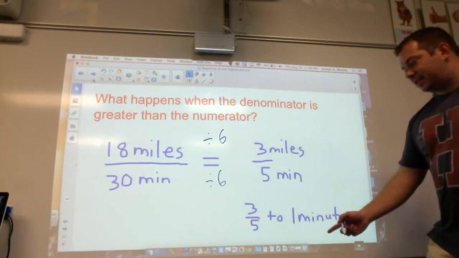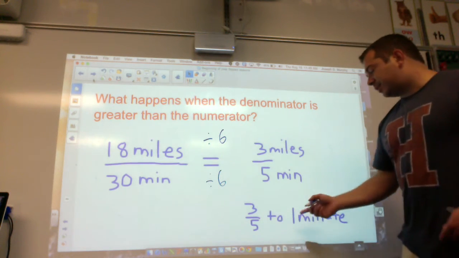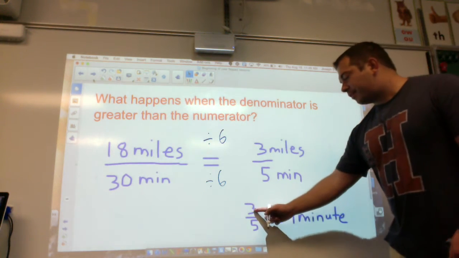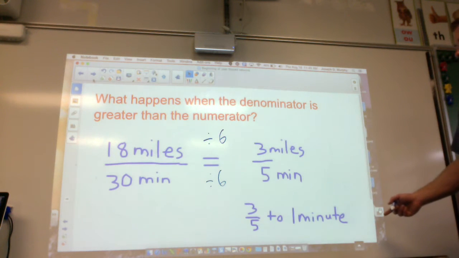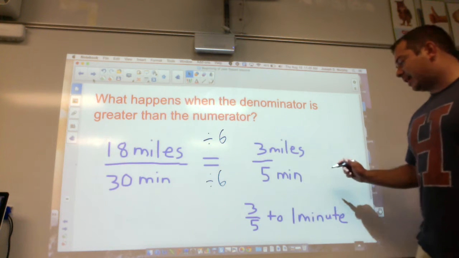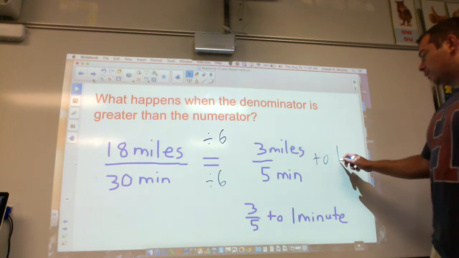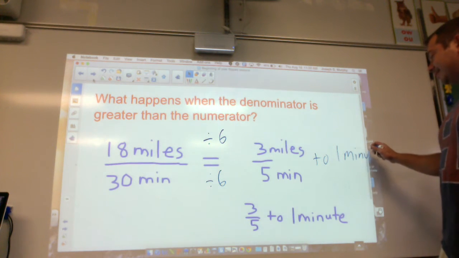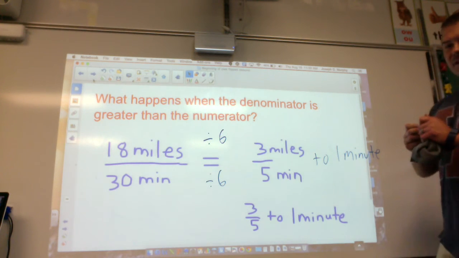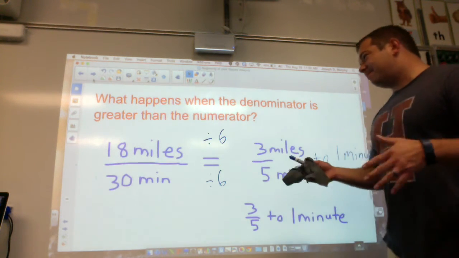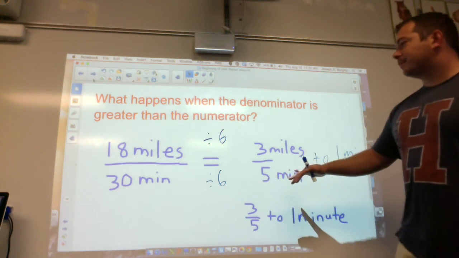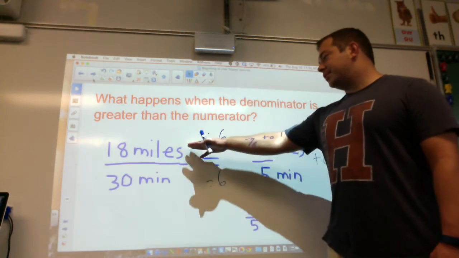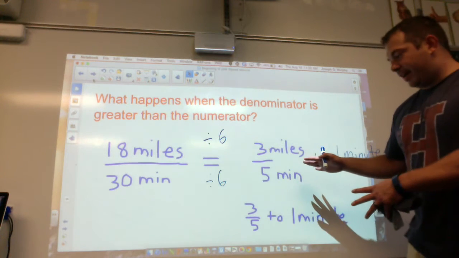But as you can see down here, to turn it into a unit rate, it's 3/5 to 1 minute, okay? So all I did is take this and put "to 1 minute" next to it. It might be sort of confusing for you, but if your denominator is greater than your numerator, you just simplify it.